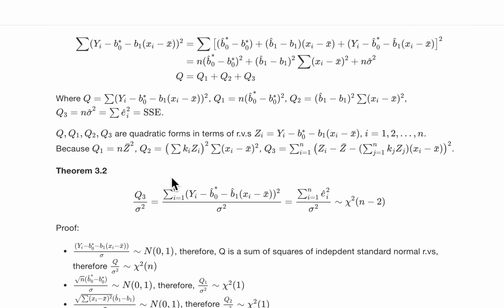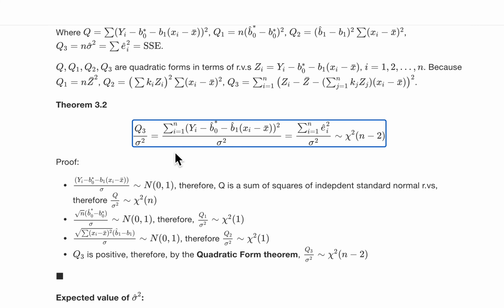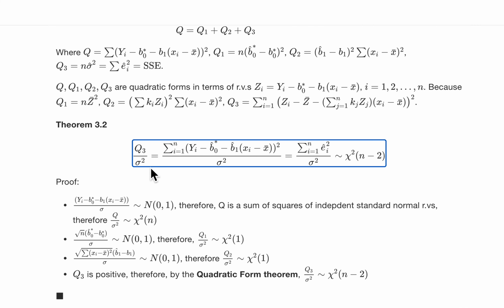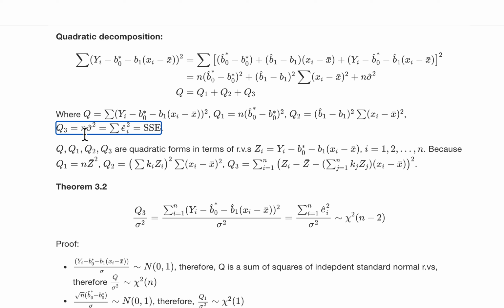Then what we can find, one interesting thing is q3. What is q3? It is actually this SSE. q3 is n times the point estimate of sigma square, which is the SSE, the sum of yi minus the point estimators of yi, squared.